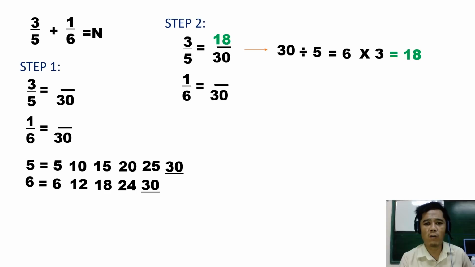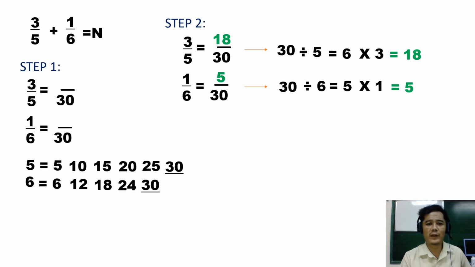So 18 over 30 is the higher term of 3 over 5. The next, 1/6, hanapin natin yung nawawalang numerator niya. So 30 divided by 6 is equal to 5, and 5 multiplied by 1 is equal to 5. So yun na po yung missing numerator natin. So 5 over 30. 5 over 30 is equal to 1/6.